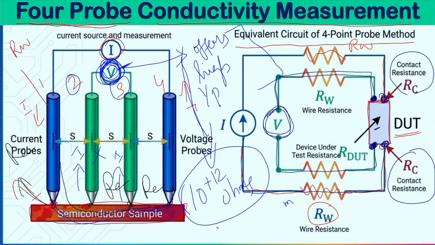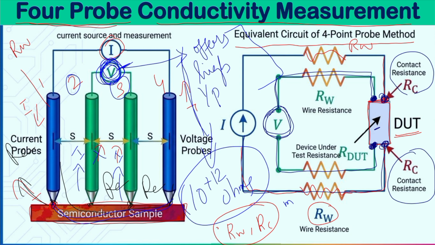Therefore the current through this is very small or negligible. That is why RW and RC can be neglected in this 4 probe setup, in the 4 probe setup.